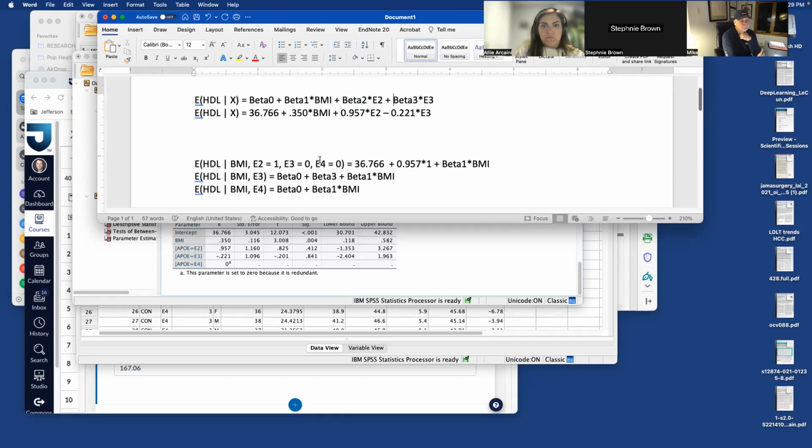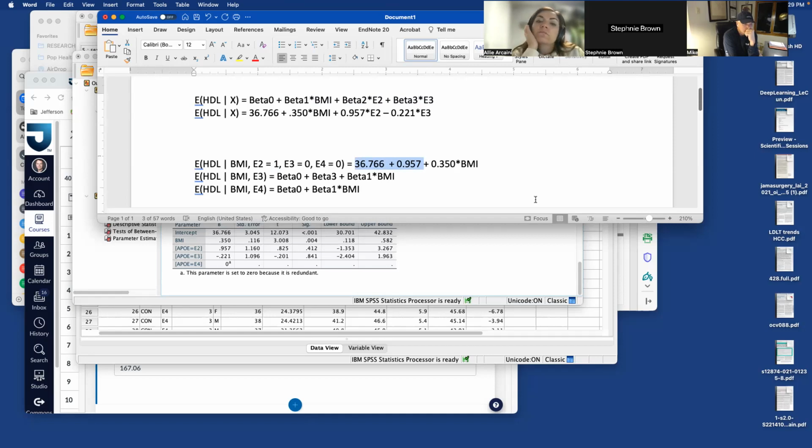And then E3, these folks have E3 equal to 0, so beta 3 doesn't make it. And then we insert our slope for BMI. So in practice, you would add these two numbers together, right? Because we're left only with numbers there, we can combine them. What this does is it changes the intercept, and then we're left over with the BMI effect.